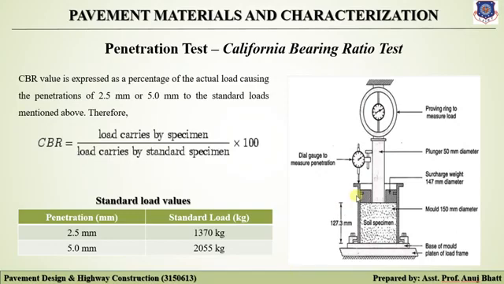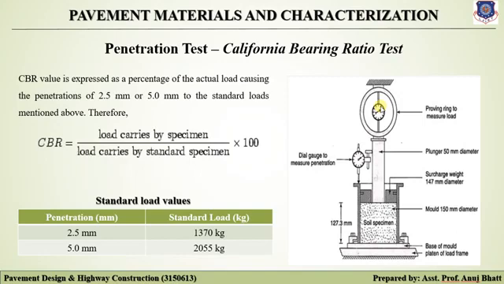That means when you start the test, at this dial gauge showing the reading of 4 kg, at that moment our proving ring will display the reading as 0 for the initial level.